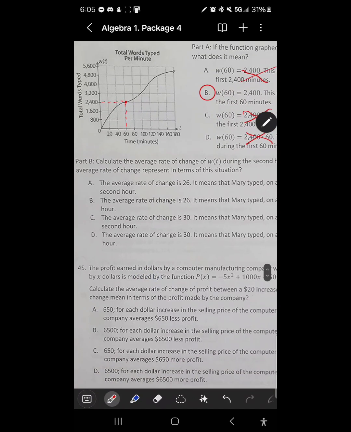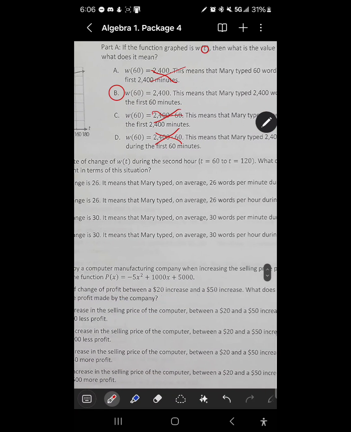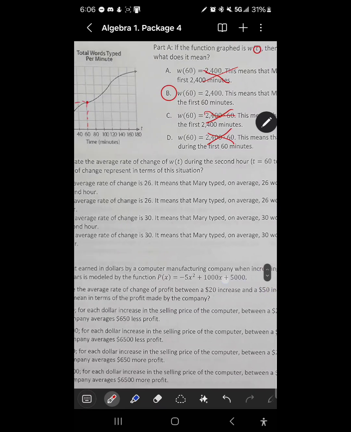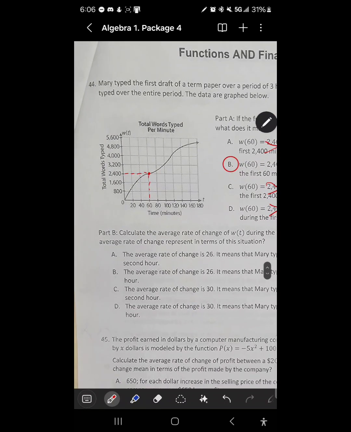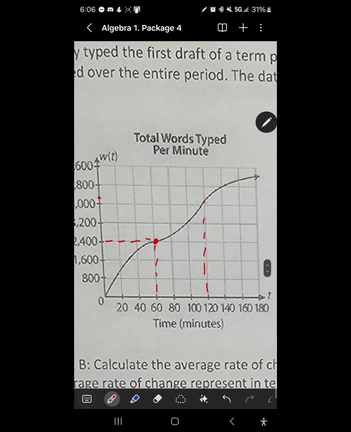Now let's say B. Calculate the average rate of change of W(t) during the second hour, from 60 to 120. Okay, let's first calculate the average rate of change. So we have 120 here. Now this is going to be an approximation, and I hate those.